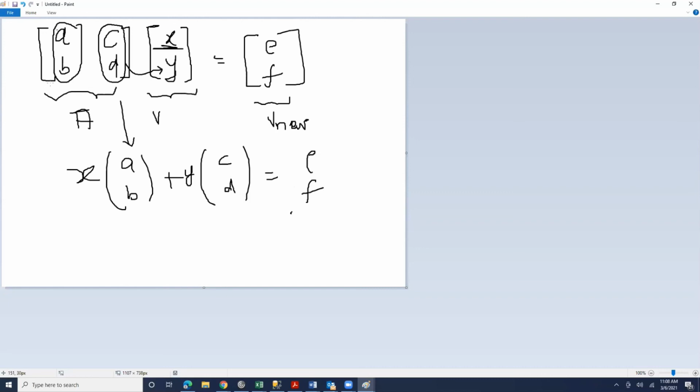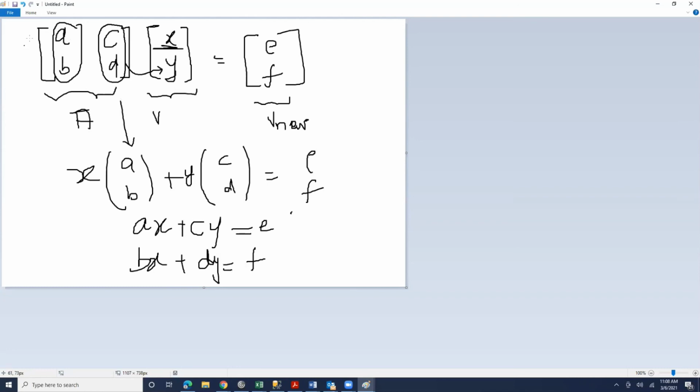This is because the first vector, or the first column in the matrix, was where the X point ended up. Second column is where the Y point ended up. So you get AX plus CY equal to E, and BX plus DY equal to F. I should have written it in the general form ABCD, not ACBD, but okay, fine.